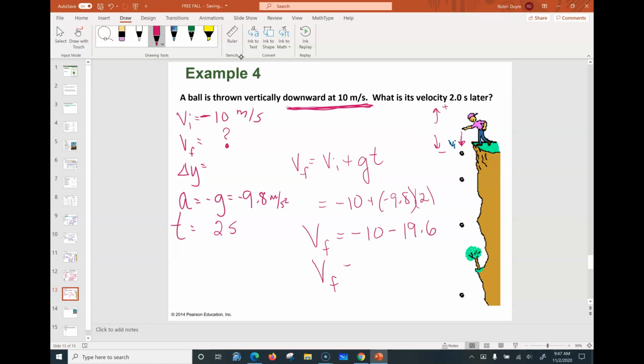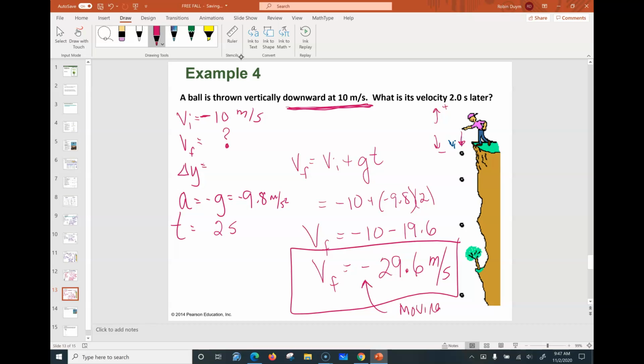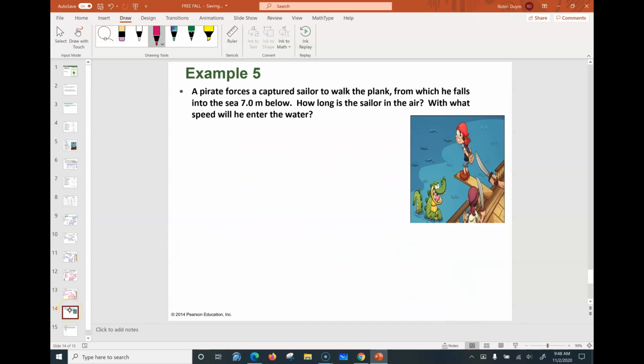Our final velocity is negative 29.6 meters per second. Now, that negative again is just saying that it's moving downward. All right, just 2 more to go.